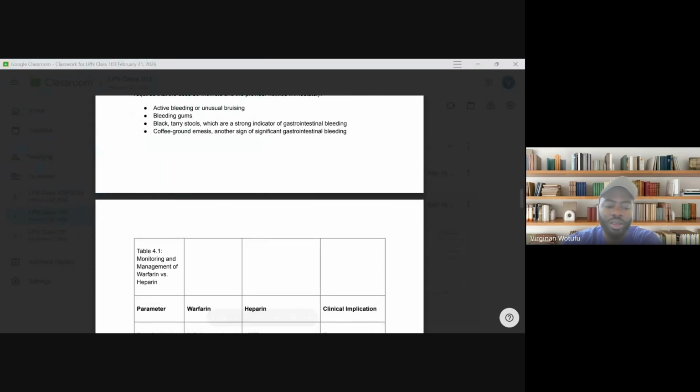And with heparin, can someone help us with the antidote? The antidote of heparin and warfarin.